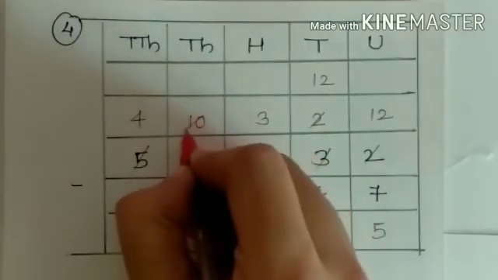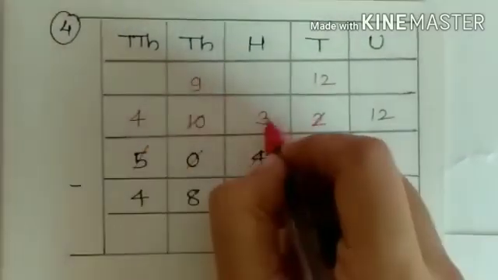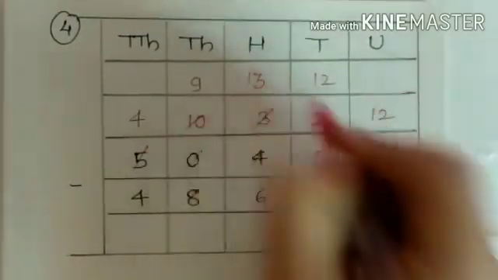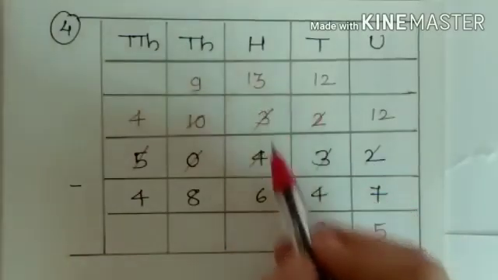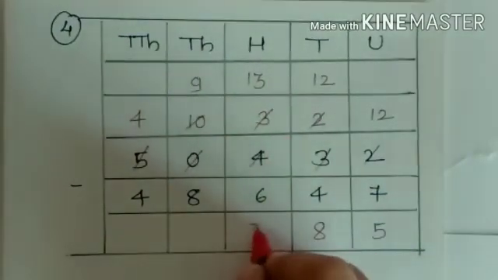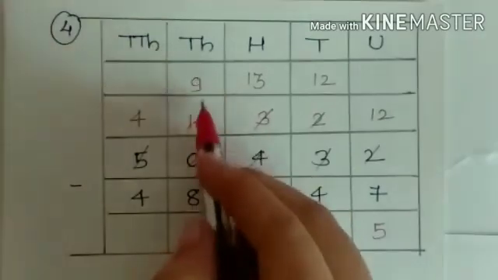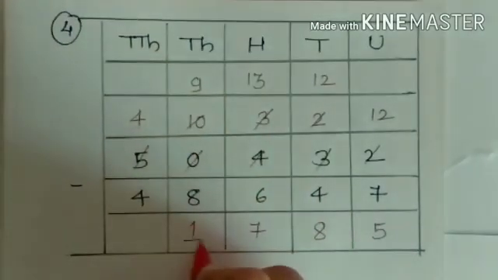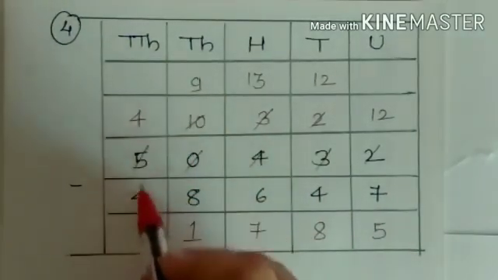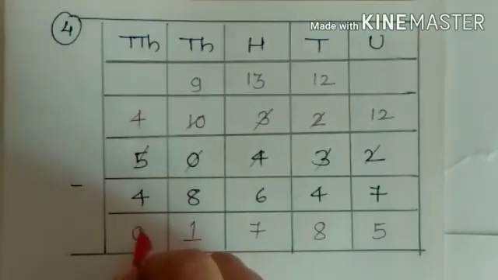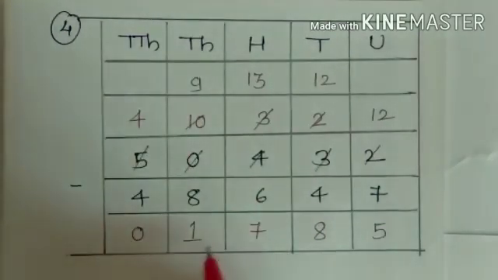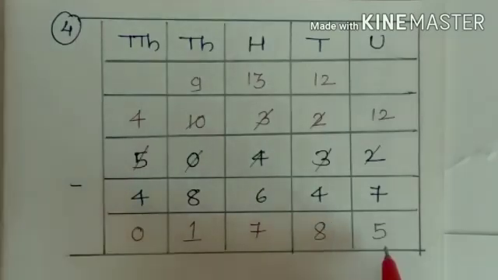So in the thousands place, 10 becomes 9 and in the hundreds place, 3 becomes 13. After subtracting 6 from 13, we get 7. Now in the thousands place, 9 minus 8 is equal to 1 and in the 10,000s place, 4 minus 4 is equal to 0. So the answer is 1785.